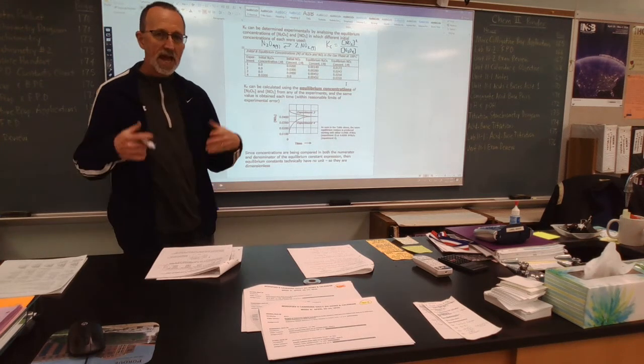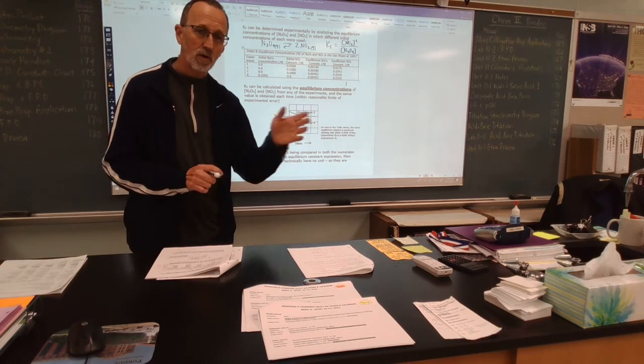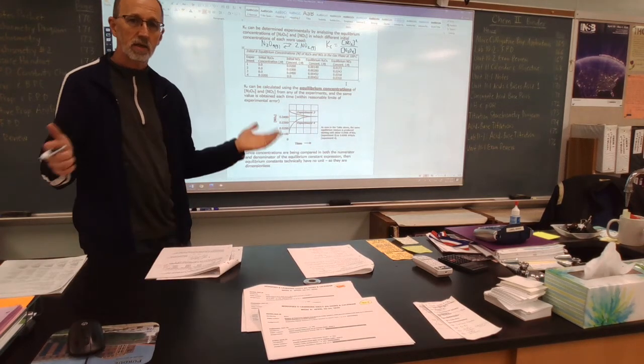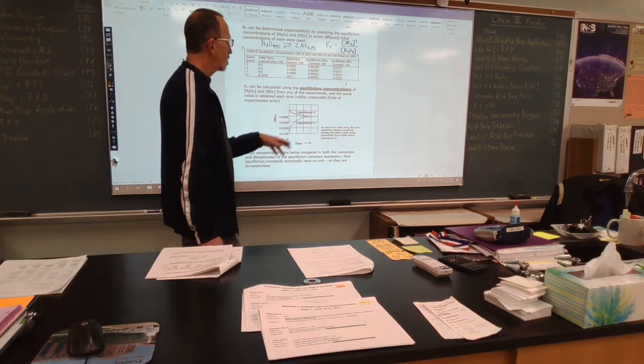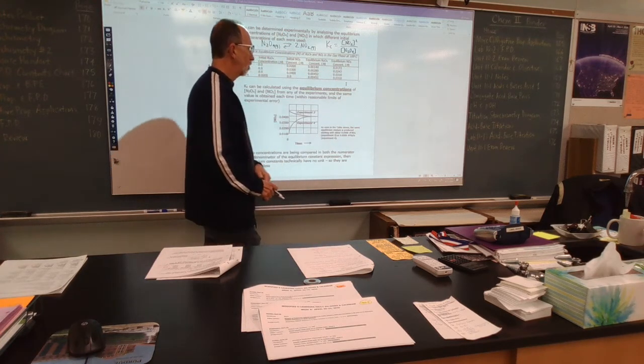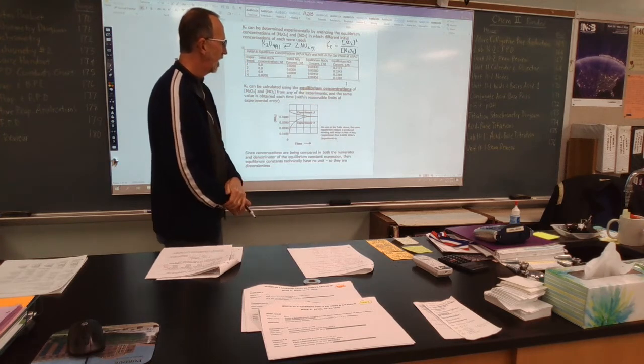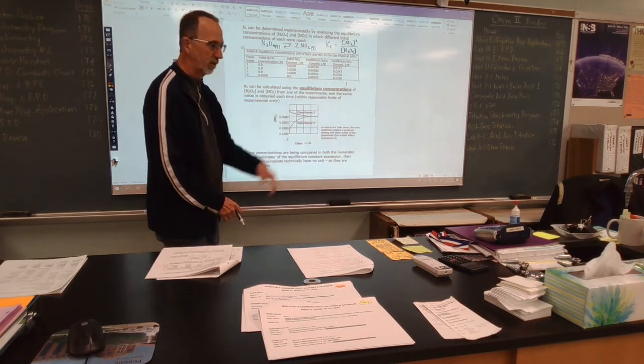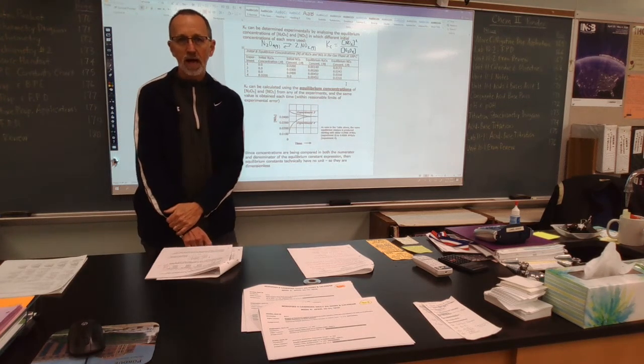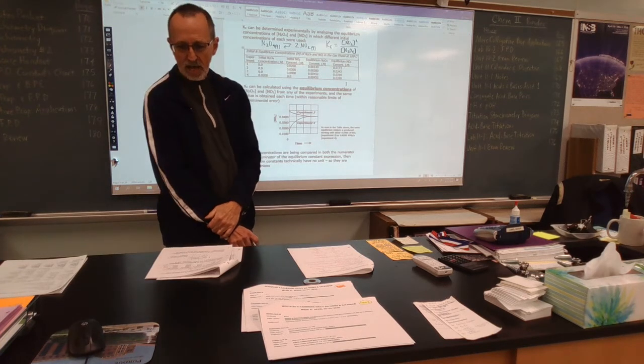We then allowed the reaction to come to equilibrium, where the forward rate and the reverse rate were the same, and we measured the concentrations at equilibrium. As you can see here, they vary somewhat, except for this one. Wonder why? Well, let's see why.